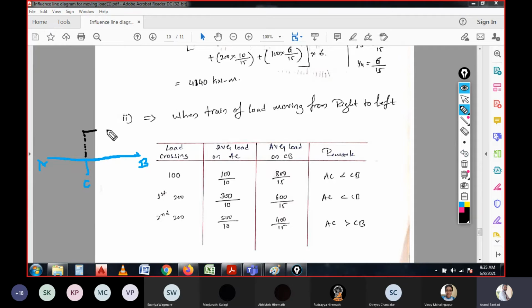Right, this is the 100 kilonewton load first. Firstly we need to consider this, and the other loads are spanning over here. And again, this is the 100 kilonewton load, and the remaining 200 kilonewton loads are here. Right? These are 200 kilonewton loads.